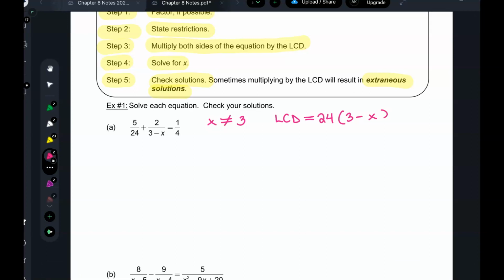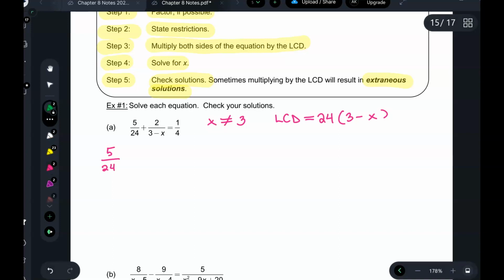Now, what actually makes these easier than what we did even just on the last quiz, the whole goal of this is to get rid of all the fractions. So what I'm going to do, I'll write it out in the first one so you can see. What am I going to have to multiply 5 over 24 by? 3 minus x over 3 minus x.